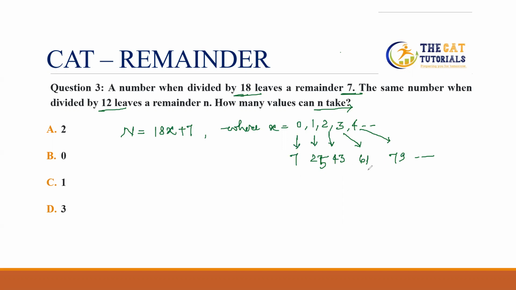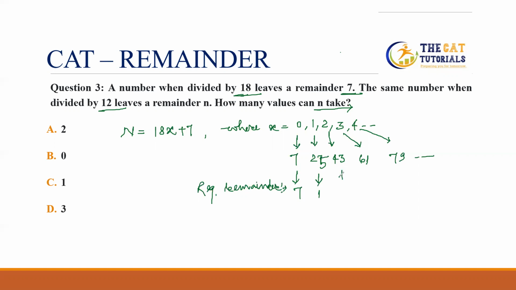So if these are the possible values, then what will be the required remainders? Right now we have to find the required remainders. Here we are going to divide each number separately. When 7 is divided by 12, it will give you 7 as a remainder. When 25 is divided by 12, it will give 1 as a remainder.